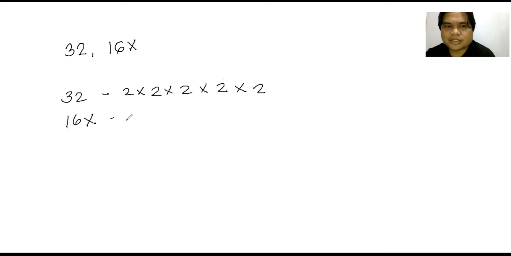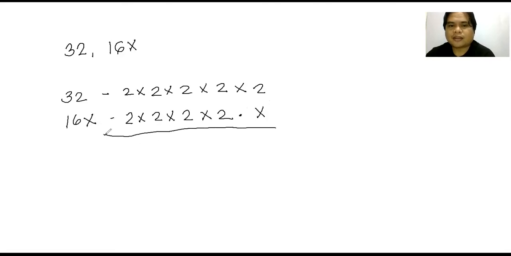How about 16? You have 2 times 2 times 2, you get 8, another 2, then you get 16. But since 16 has a variable, which is x, you list down x as well.